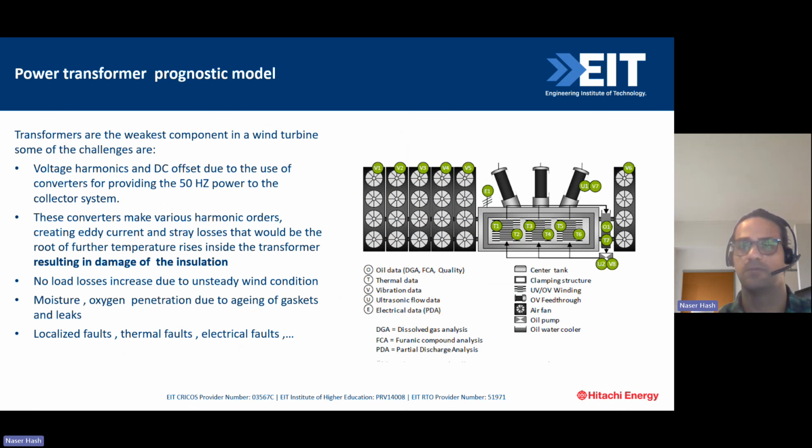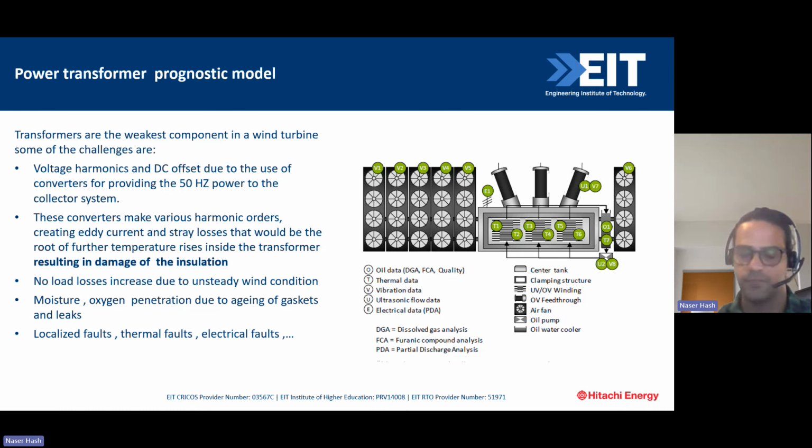This one is a power transformer, but the transformer used in the turbine is a smaller transformer. However, the data coming from the oil quality, from the DGA monitoring system, from the DGA analysis, and also the voltage and the current, can be used in the model to predict the failure for the transformer.